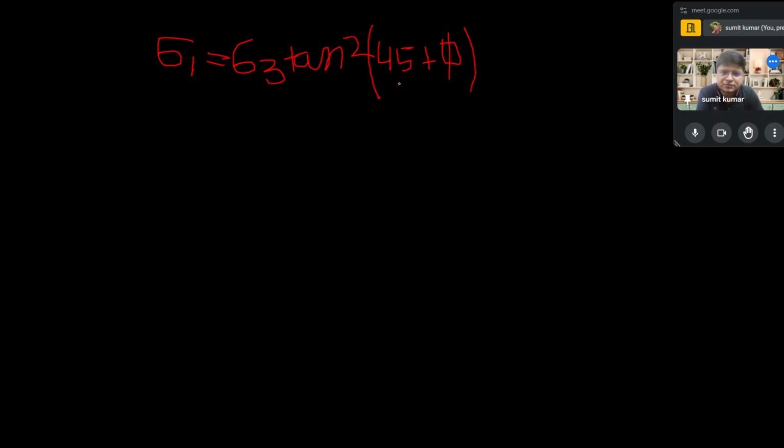Okay, I think my screen is visible. I will write over here. So we know sigma 1 equal to sigma 3 tan square (45 plus phi by 2) plus 2c tan (45 plus phi by 2).